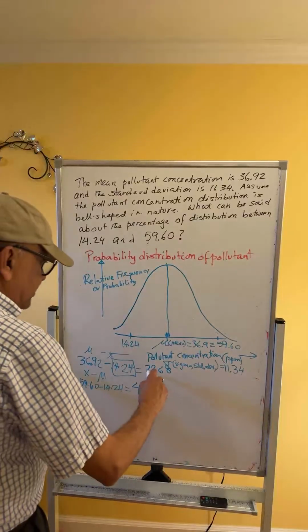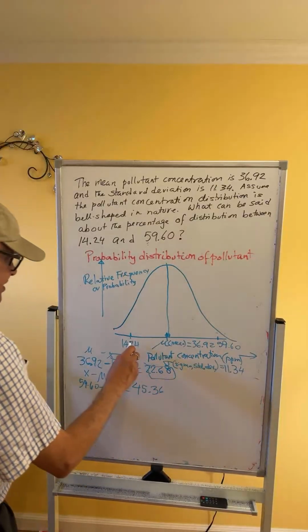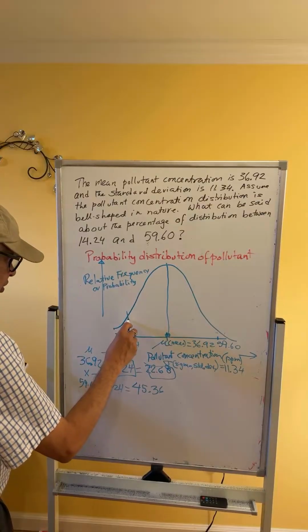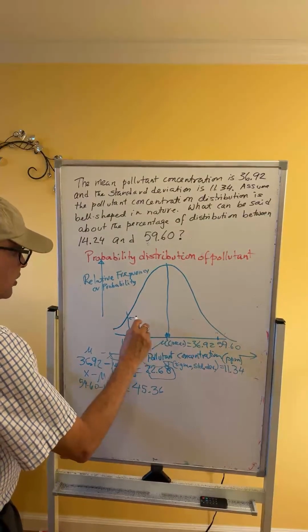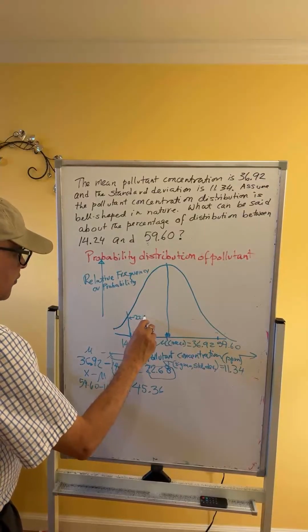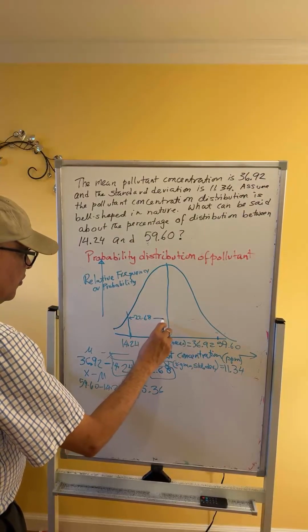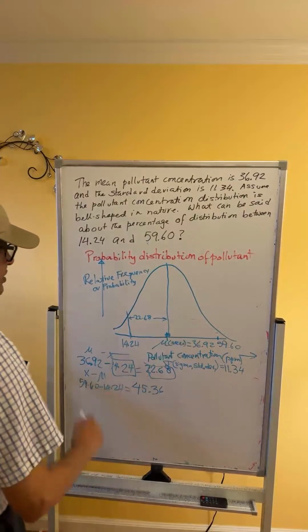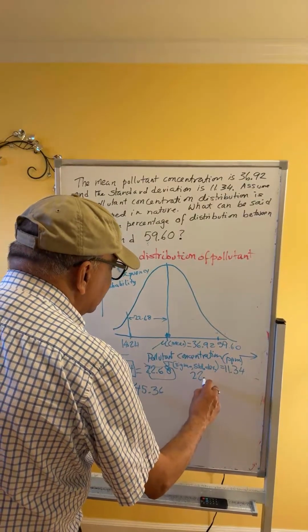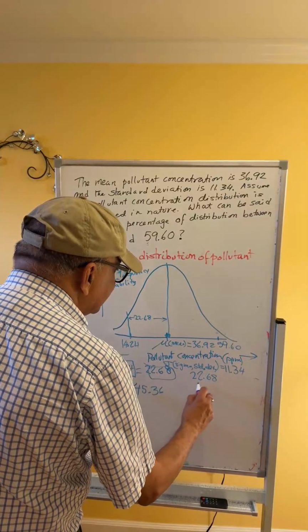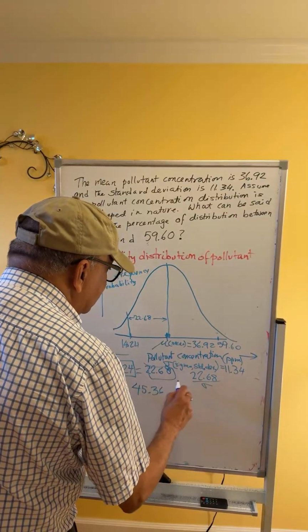Now take this difference of 22.68, which is between the mean and 14.24, and divide it by sigma, the standard deviation.